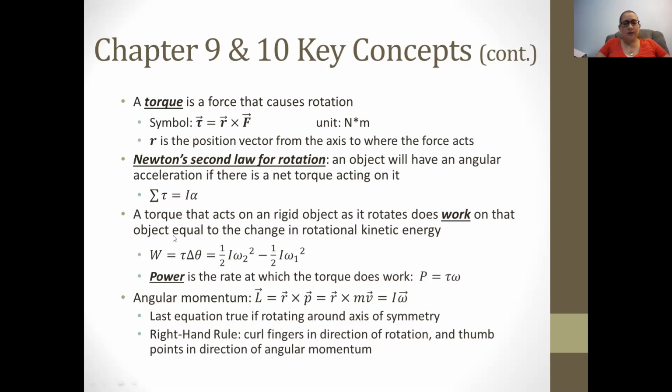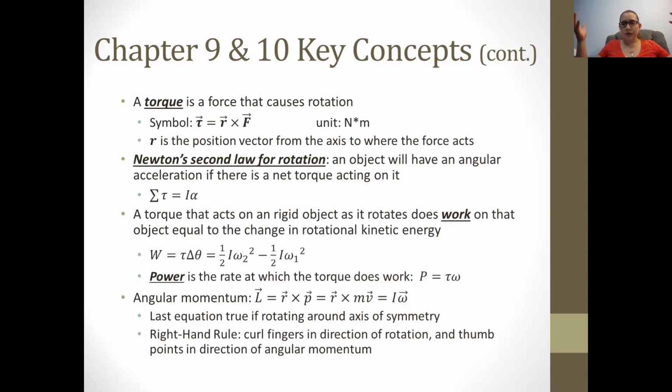So here, work is torque times the angular displacement instead of force times the displacement, which again, we're relating to the change in the rotational kinetic energy, 1/2 I omega squared. And again, power is the rate at which torque does work now. So power equals torque times its angular velocity instead of parallel force times velocity.